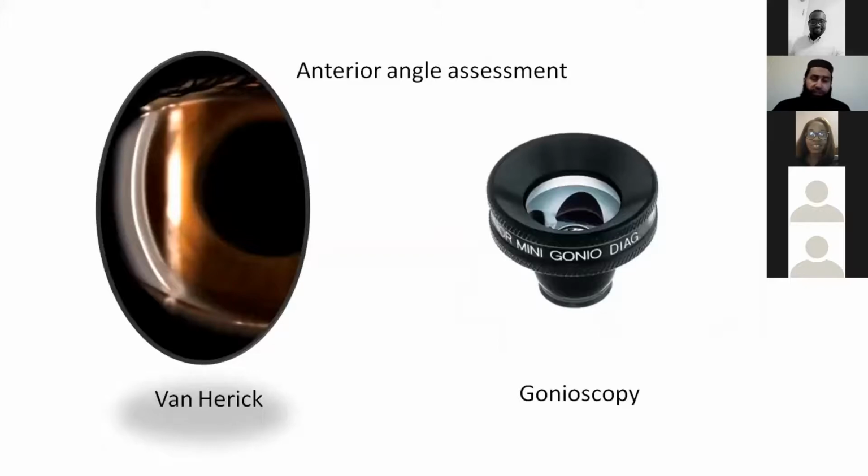After the patient has had their pressures done and the visual field is done outside of your room, they come into your room, and then you have to perform certain tests. For example, anterior eye angle assessment. You can do that with gonioscopy if you can get your hands on the lens.